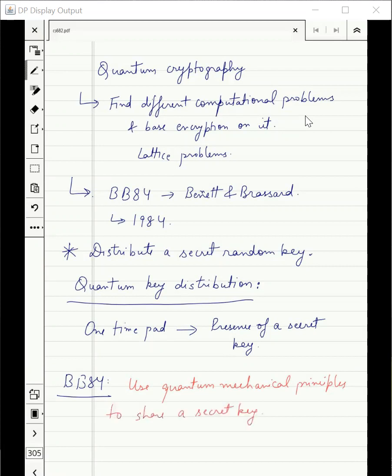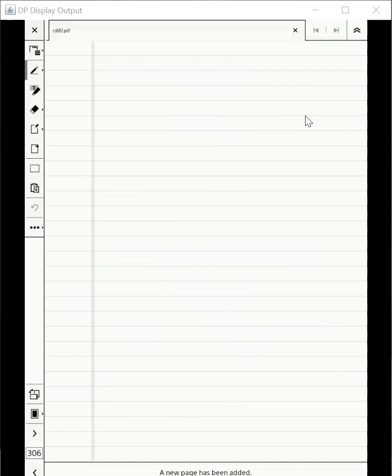I started with the objective of passing messages between two parties, say Alice and Bob. Now remember, our task is slightly different. What is the task now? We have two parties, Alice and Bob. They have a quantum channel.